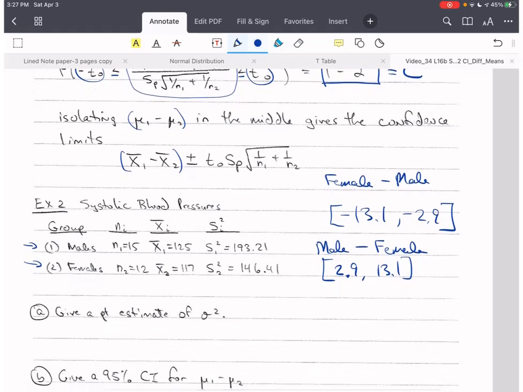So part A is we want to give an estimate of sigma squared. So the estimate of sigma squared is S sub p squared, which is n1 minus 1 times s1 squared plus n2 minus 1 times s2 squared over n1 plus n2 minus 2.